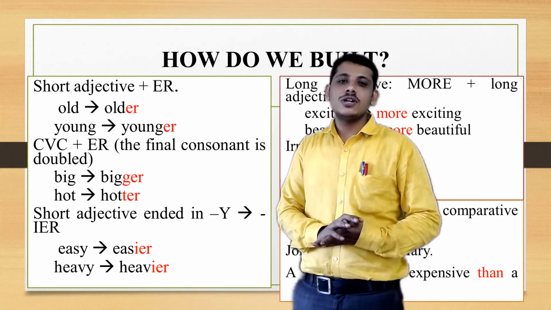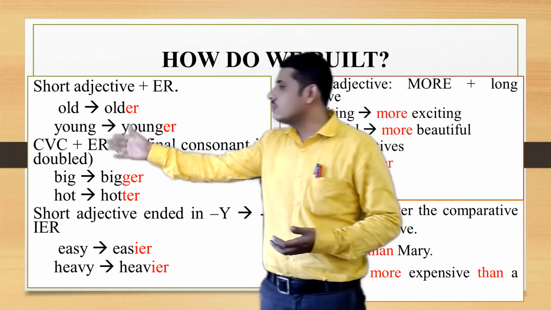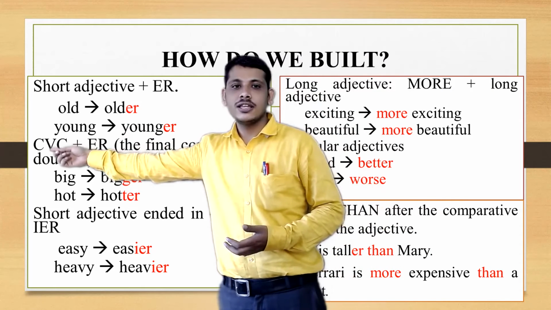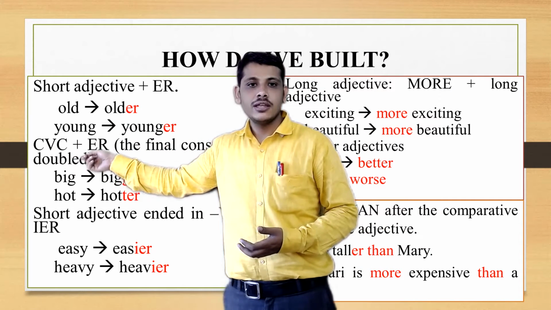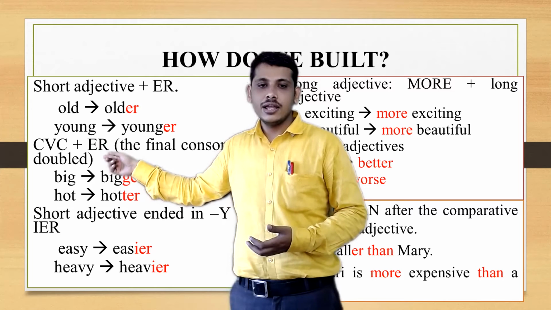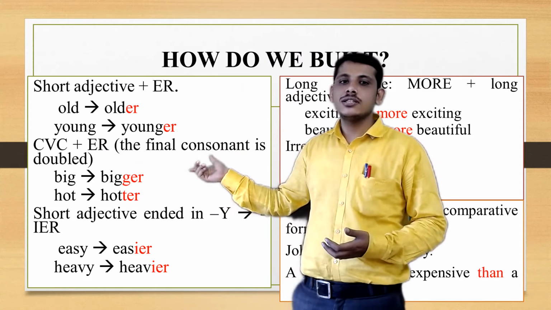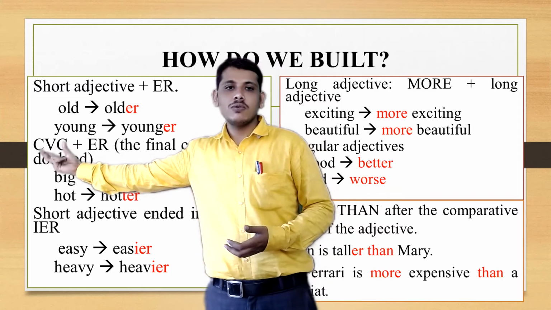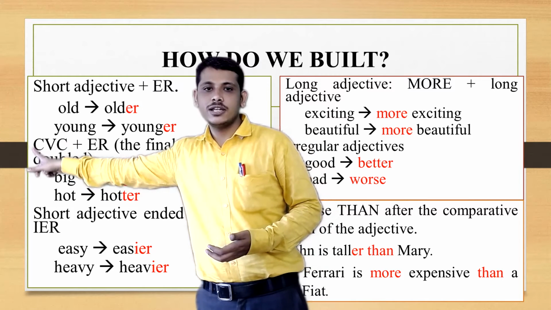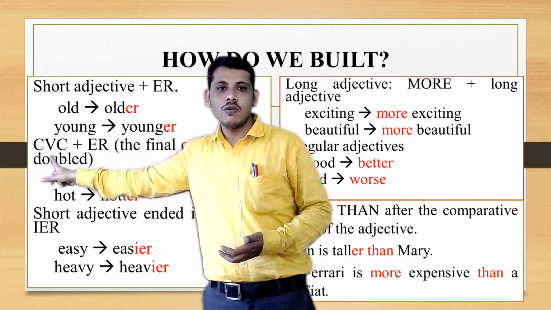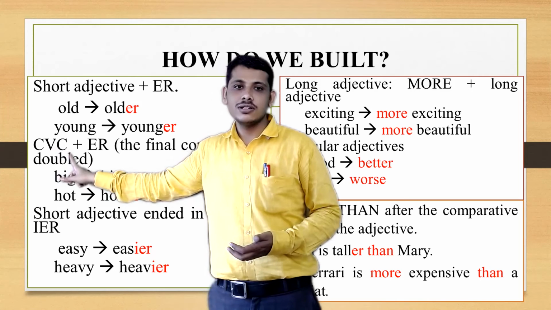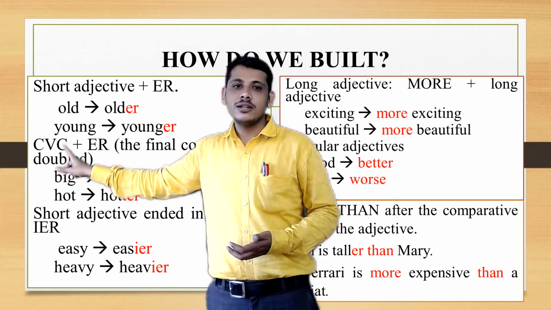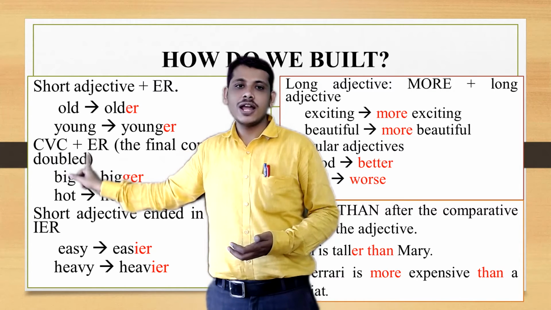But what if the word has a structure like this? CVC, and you are adding er at the end, then the final consonant is doubled. What is the meaning of this? If the word has only three letters, the first letter is a consonant, the middle one is a vowel, and then a consonant, then you have to repeat that consonant once more before adding the er.